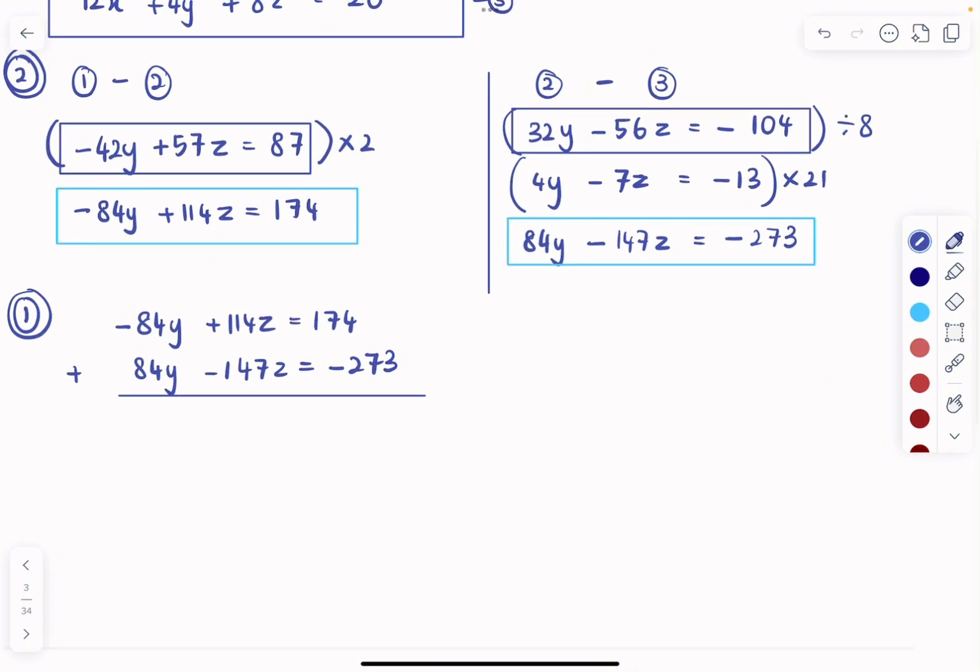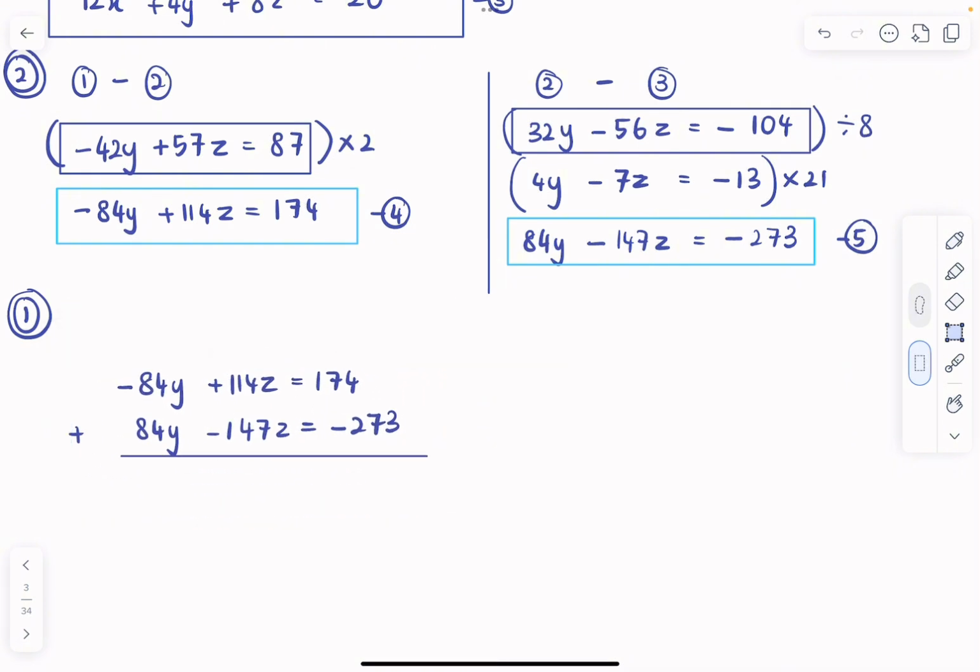So what we can do is, we label this equation 4, equation 5. The next step is equation 4 plus 5.